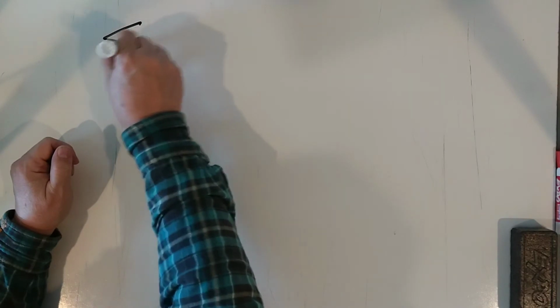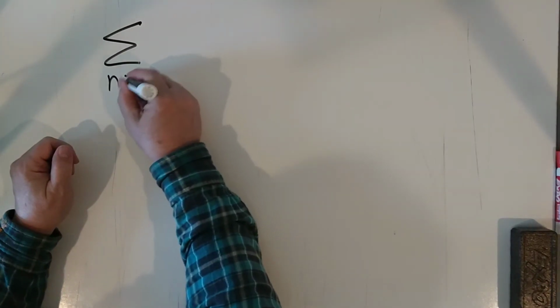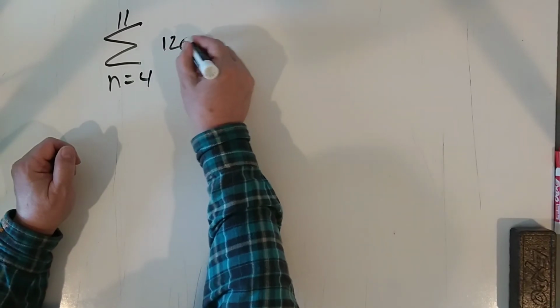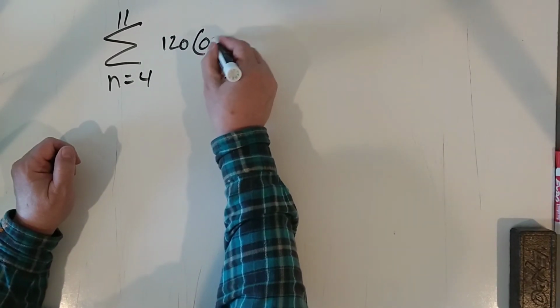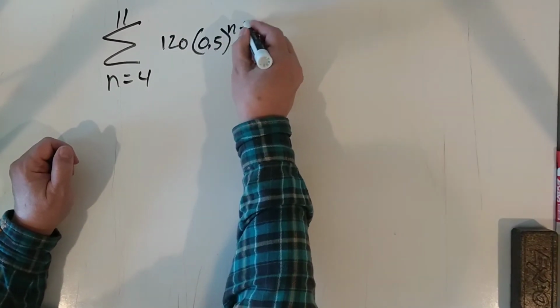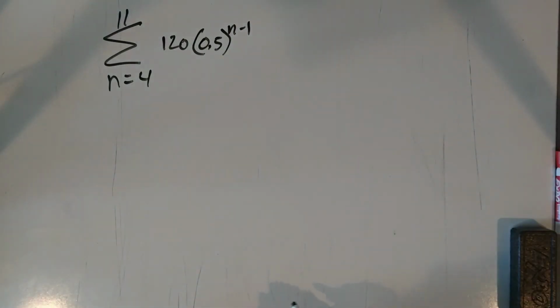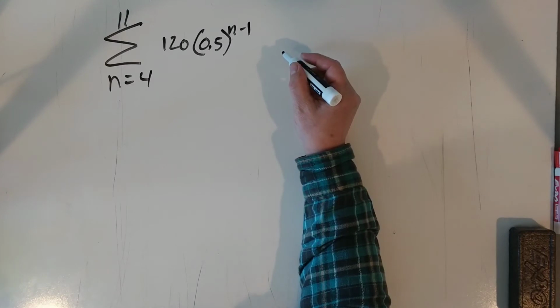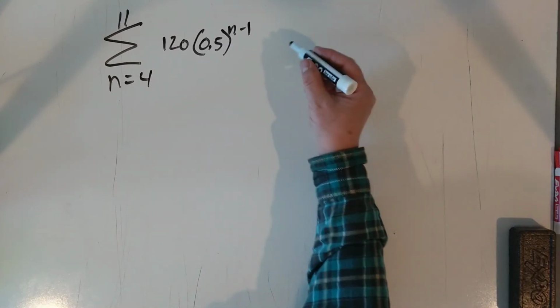So let's take a look at the sequence n equals 4 to 11 of 120 times 0.5 to the n minus 1 power. So the first thing I'm going to need to do is find the first term.